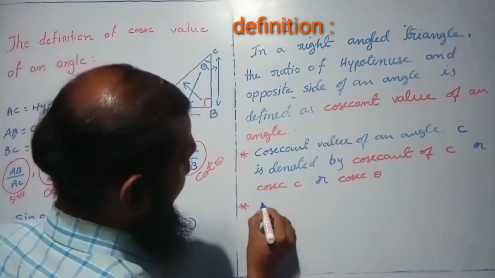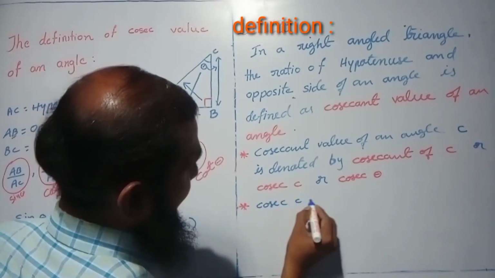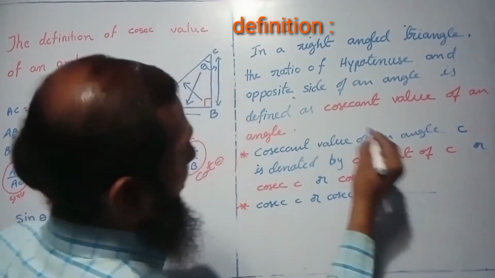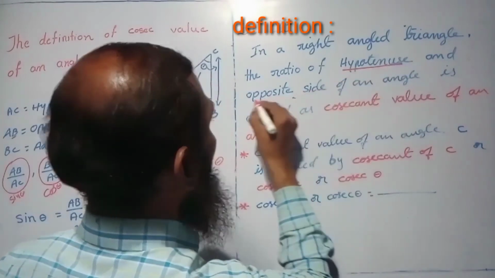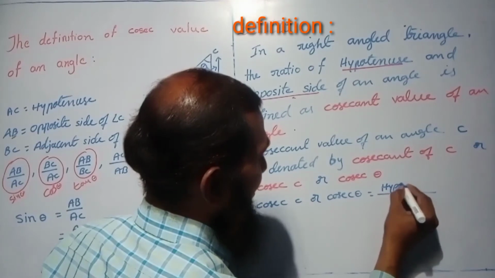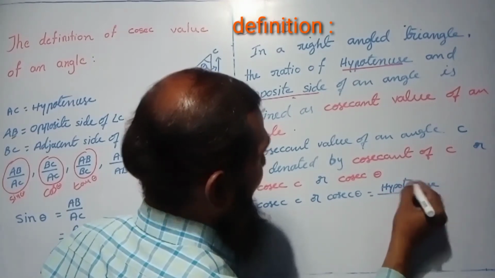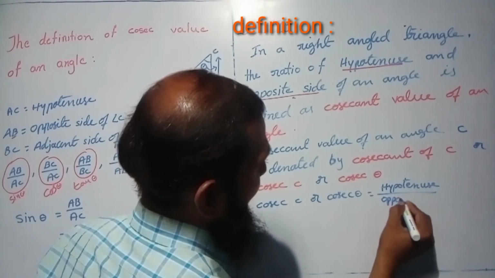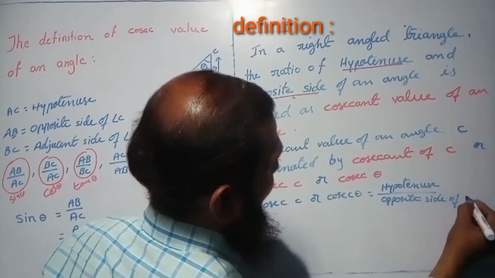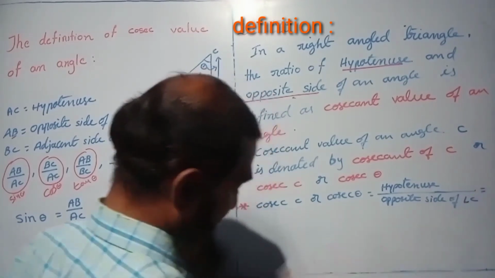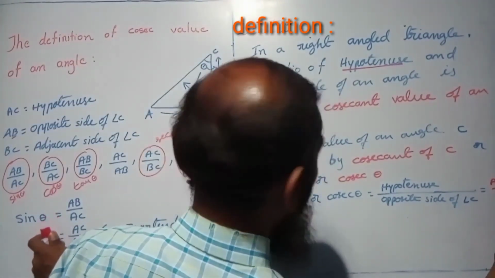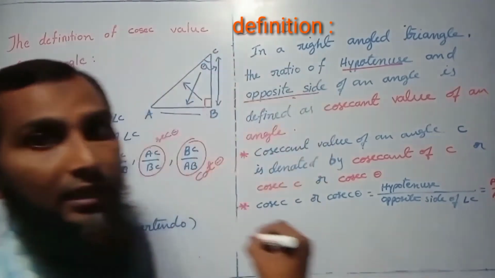So cosec C or cosecant theta is equal to, what is that? The ratio of hypotenuse on the opposite side. So hypotenuse by opposite side of angle C is equal to the ratio AC by AB.